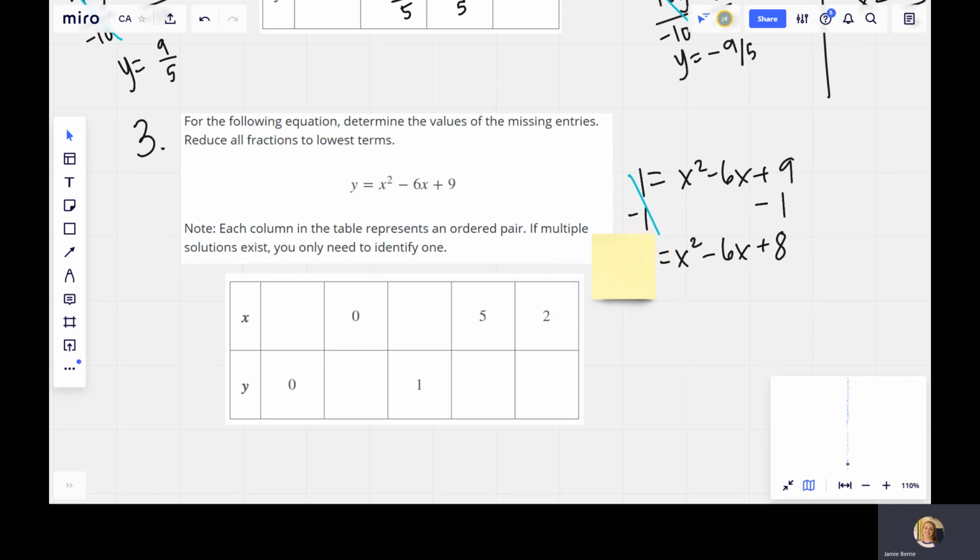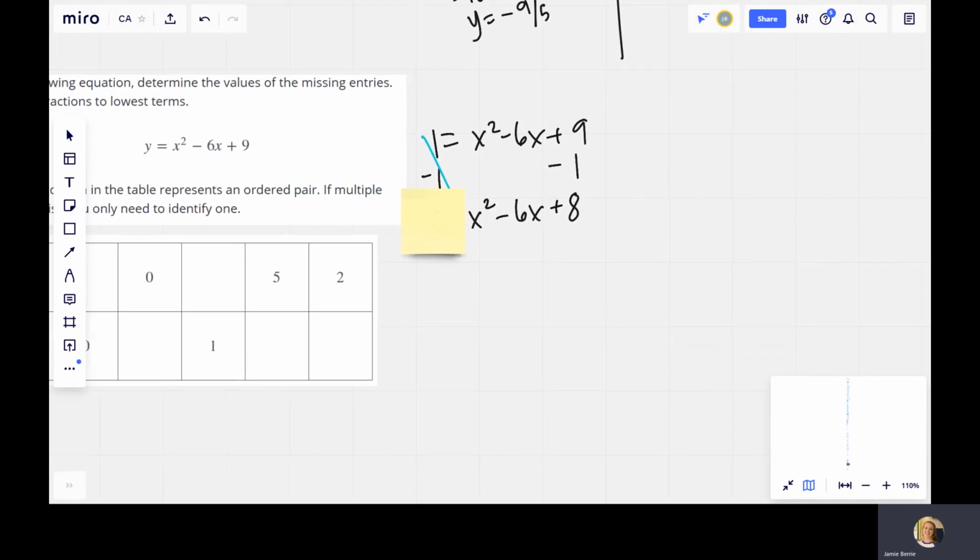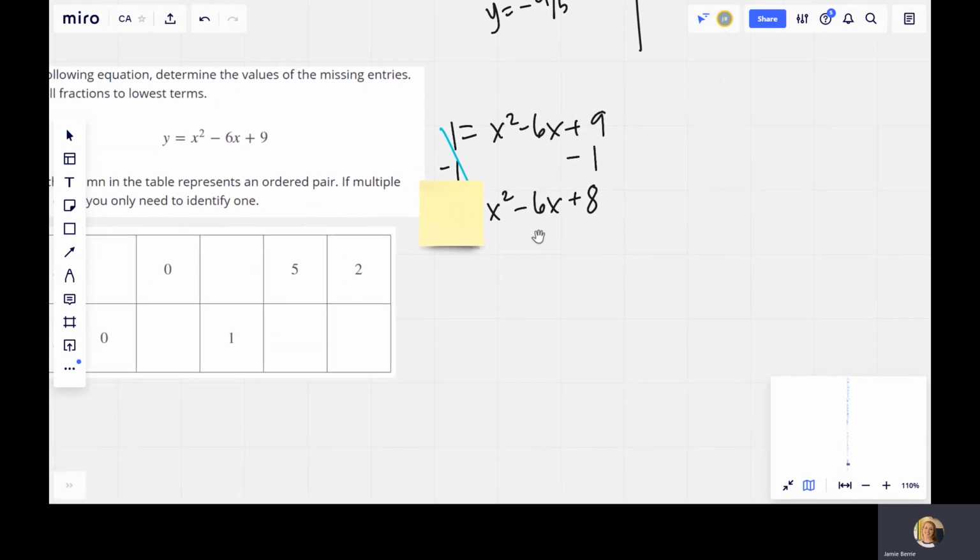So just kind of ignore that equal to 0 for a second. This is a trinomial. We know how to factor these. This is a pretty easy one to factor. As you know, if it had a leading coefficient other than 1, we would have to do that AC method. But here, nice and simple.